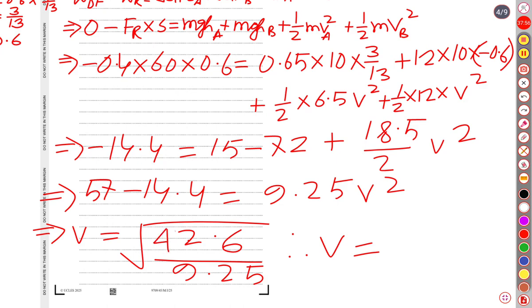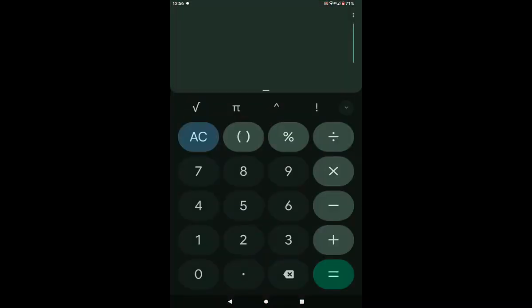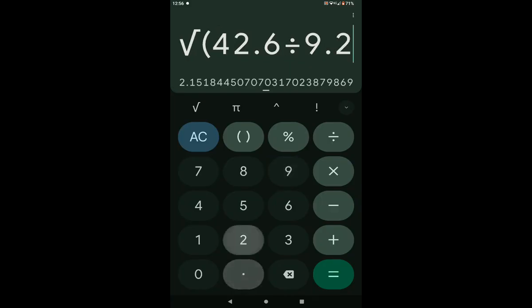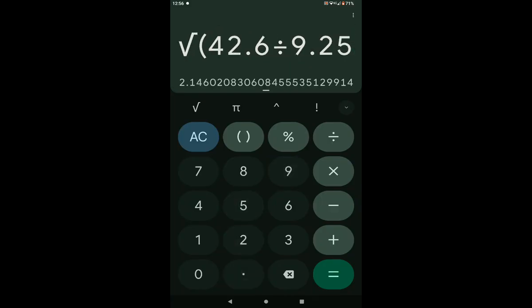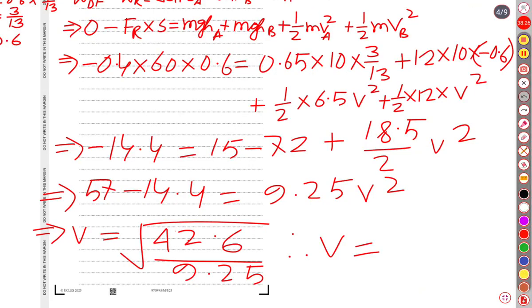So we will take the square root of 42.6 over 9.25. Using the calculator, we get 2.146. If we round it to three significant figures, it is 2.15 meters per second.